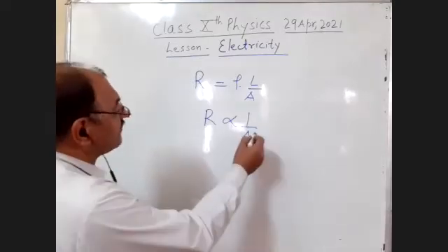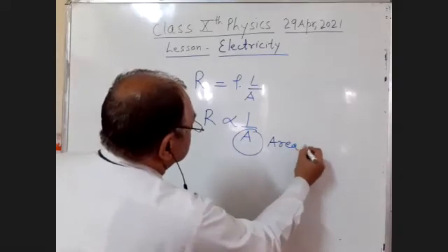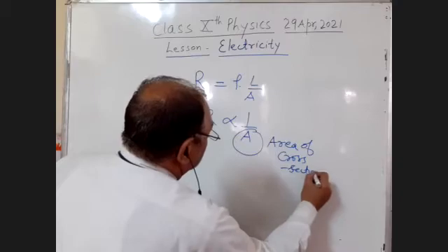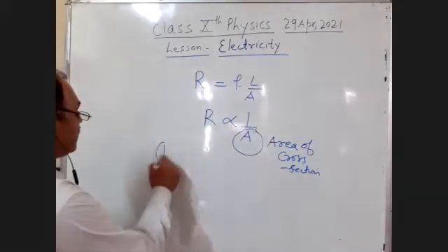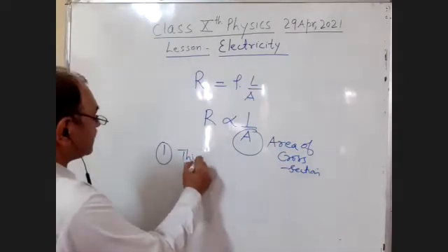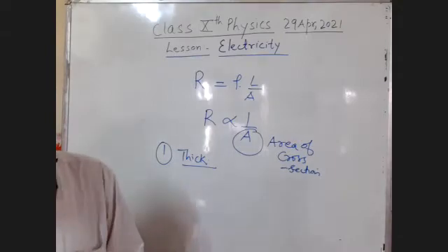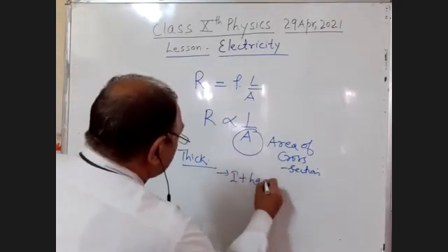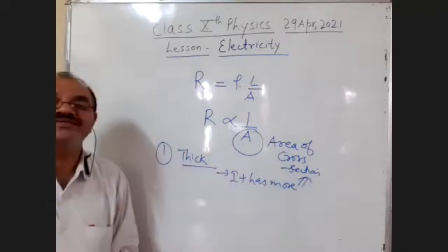Here, the area of cross section: if the wire is thick, then it means it has more area of cross section. Understood?